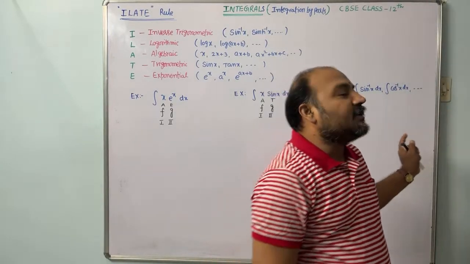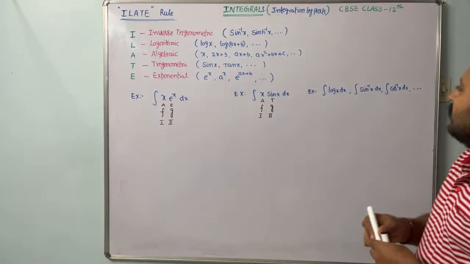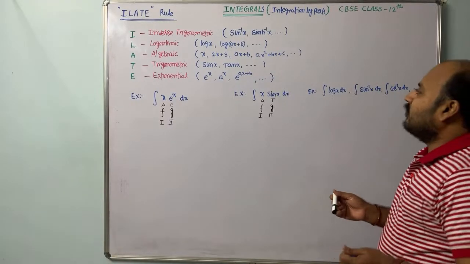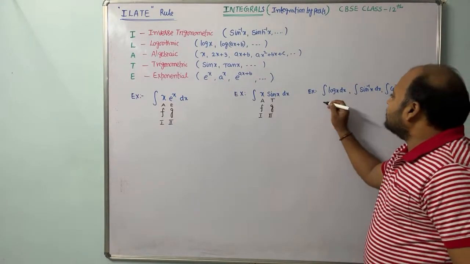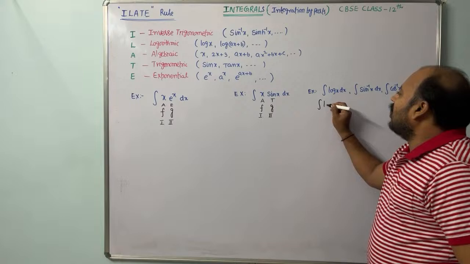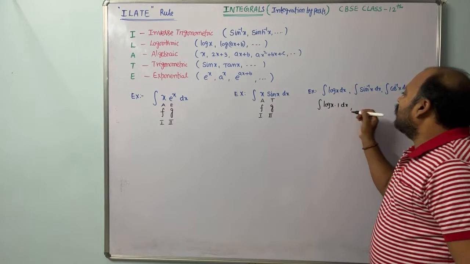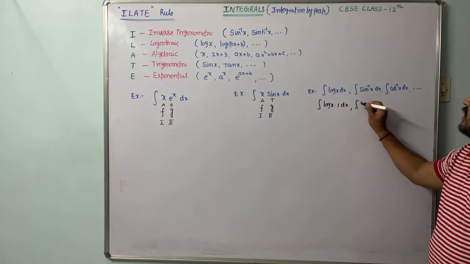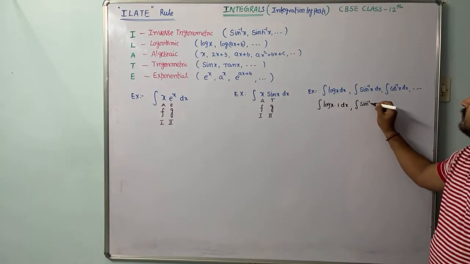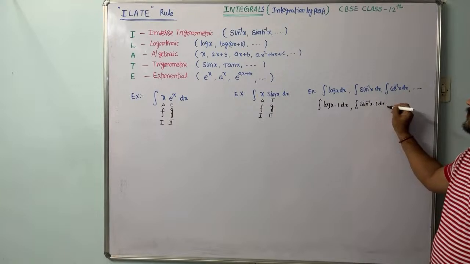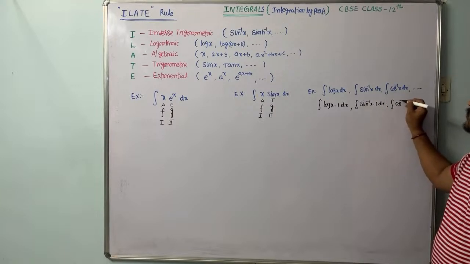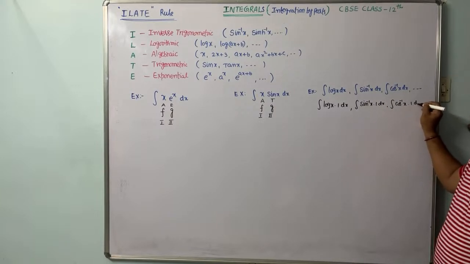To evaluate these types of problems, we have to use one method: integral log x into 1, you have to consider, dear students. For this also, sin inverse x into 1 dx. Next, integral cos inverse x into 1 dx.